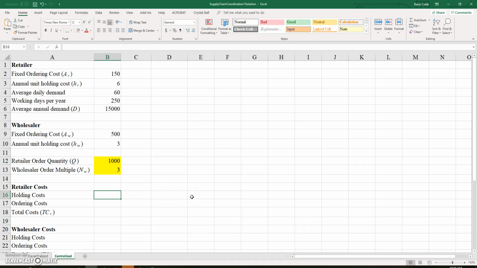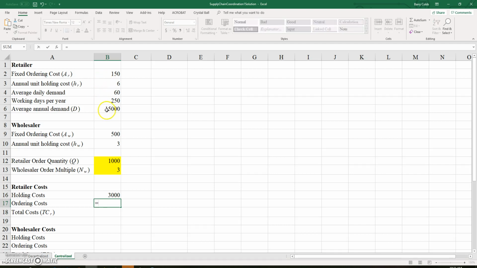The holding cost again is the average inventory, which is Q times 0.5, or Q divided by 2, times the annual unit holding cost. The ordering cost is the number of orders per year times the fixed ordering cost.